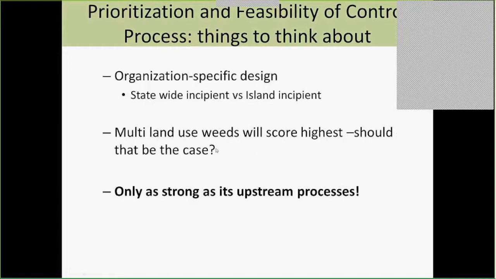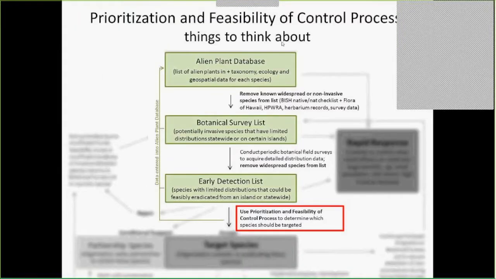And then most importantly, this process is only as strong as its upstream processes. So going back to the slide that I showed earlier, we were only talking about this final decision-making process here in this red box about which ones we should prioritize and take on as targets.